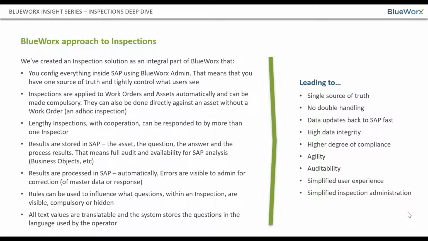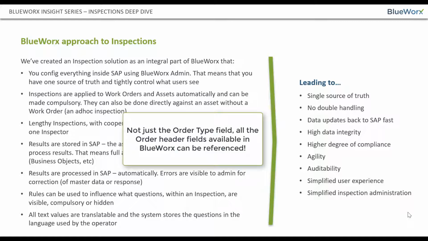And we can use rules to influence the questions within an inspection and whether they're visible, compulsory or hidden. So you can tune an inspection based upon something about the asset, some of its equipment master or classification data, or based upon the order type, or based upon responses that the inspector has made in a previous question.